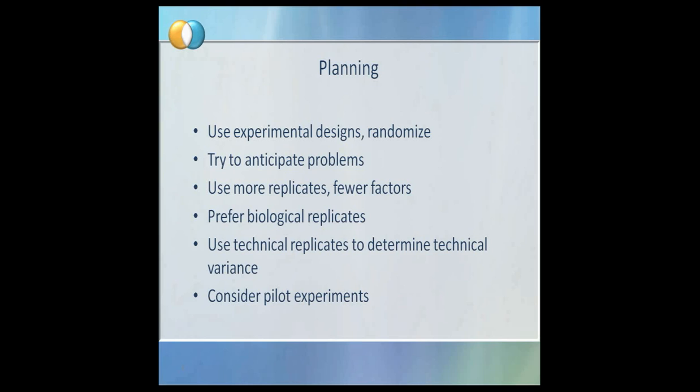You should also prefer biological replicates over technical replicates, since maybe using a pilot experiment, which is the last issue here, you could find out your technical variance, and if it's small enough, you maybe can really avoid technical replicates and concentrate on biological ones.